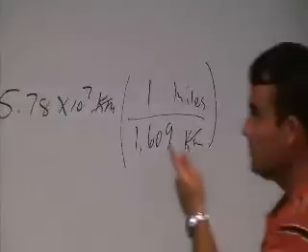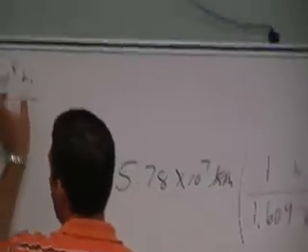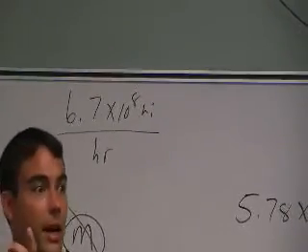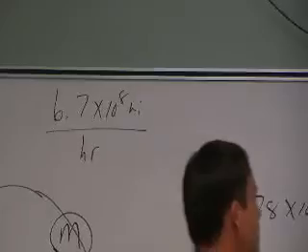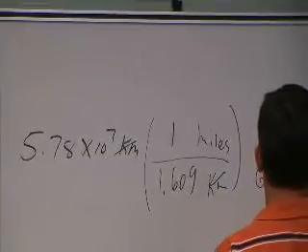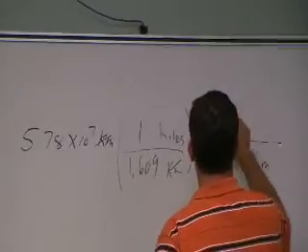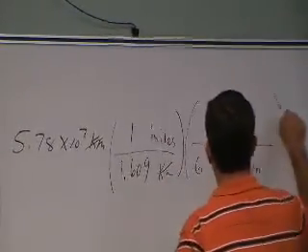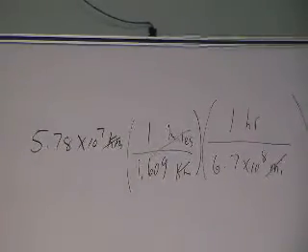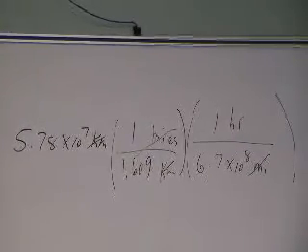Is it right next door to the mile or right next door to the hour? To the mile. All right. So we got 6.7 times 10 to the 8th miles per 1 hour. Now notice I flipped that, and that's okay as long as that number stays right beside the mile.